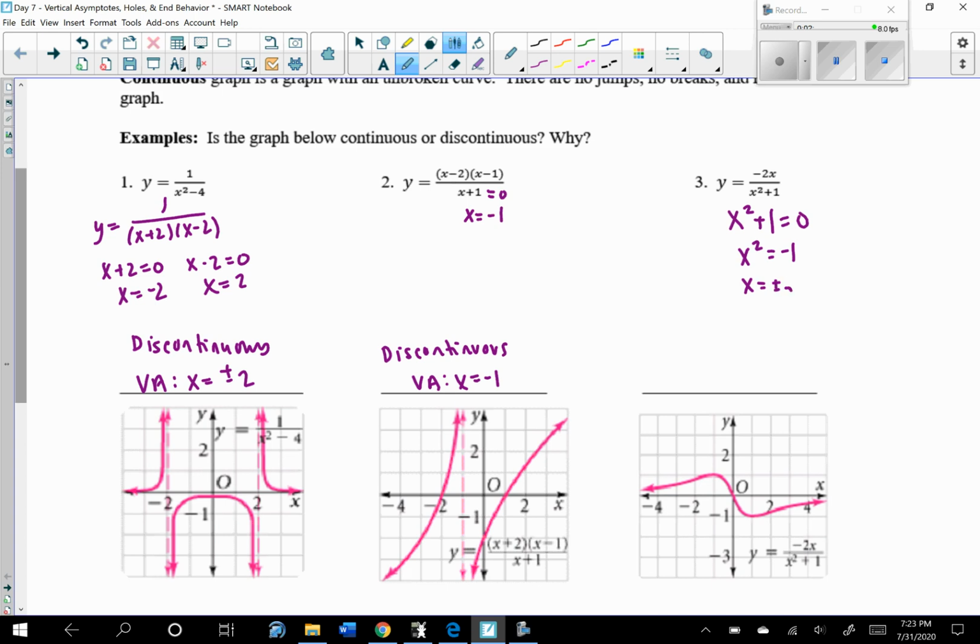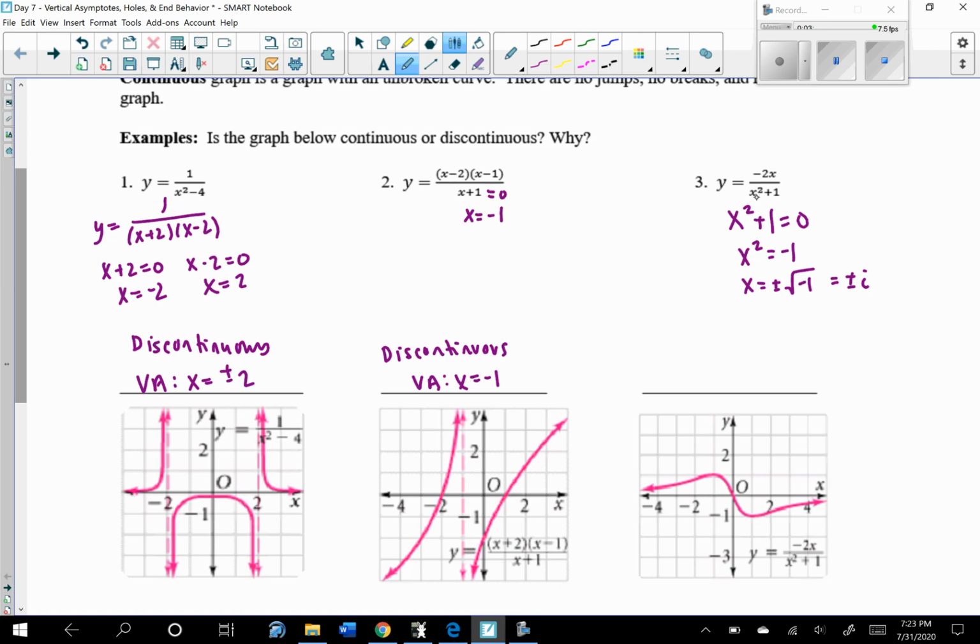So this would be plus or minus the square root of -1. Remember, if we have a negative underneath the radical, that becomes i. So this is actually plus or minus i. So that means that no matter what I plug in for this variable, nothing is going to make my function 0. Because if I plug in 0 and square it, I'm still adding 1.